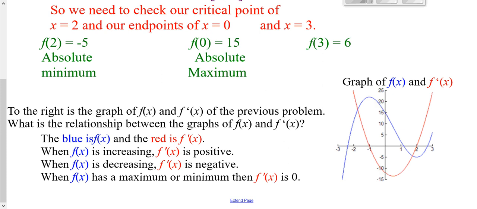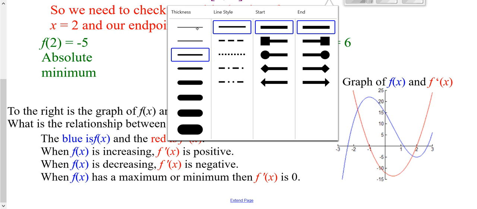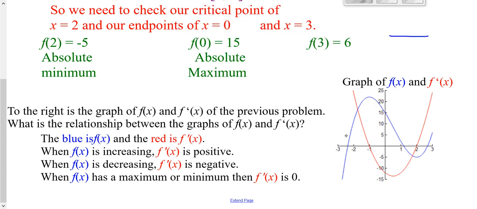So let's take a look here. The slope of this line is a fairly steep positive number, so its slope is plotted up here. Slope here is still positive, but not as positive. Slope here, still positive, but not as positive.